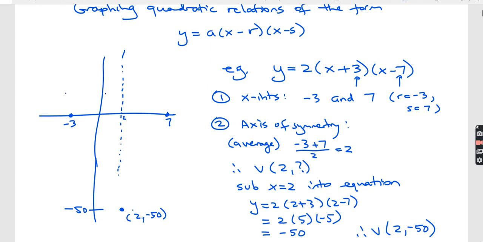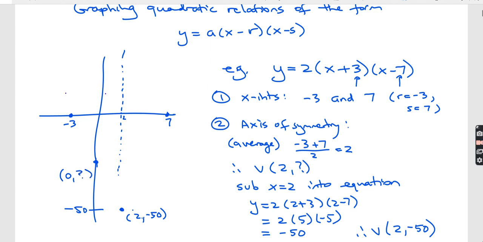Well, something that we're not really used to working with, maybe a little bit with lines, is the y-intercept. The y-intercept is a really easy point to get, because we know the y-intercept sits on the y-axis, so it is some point 0 something.